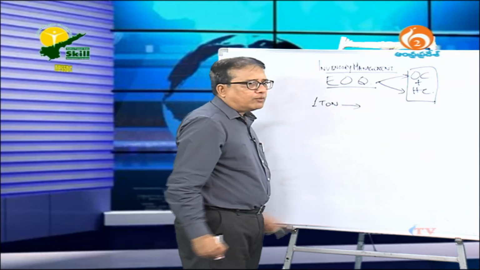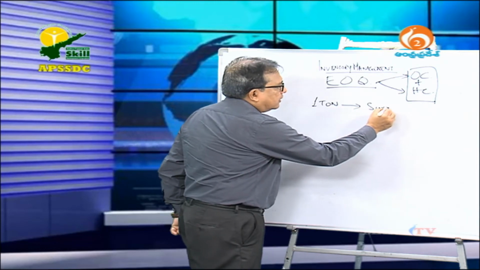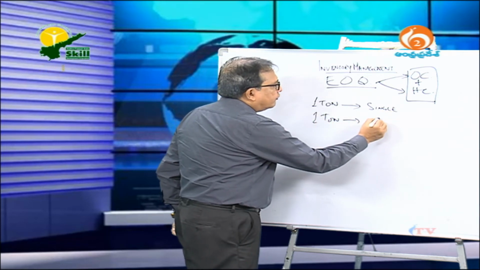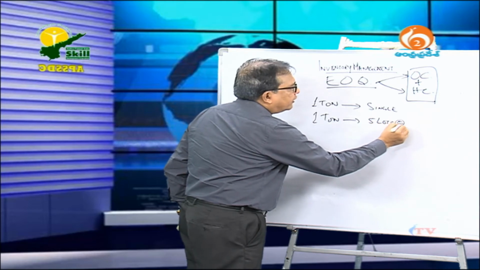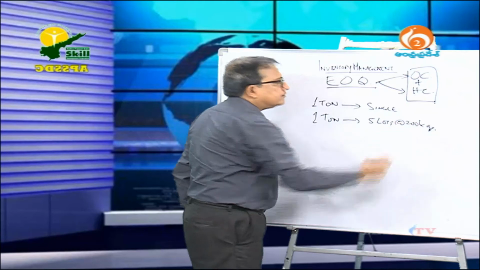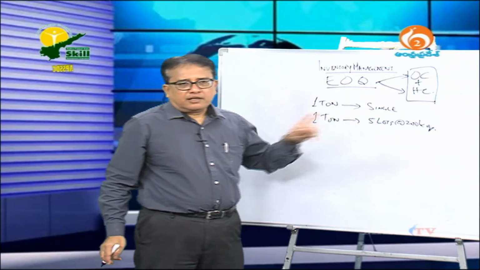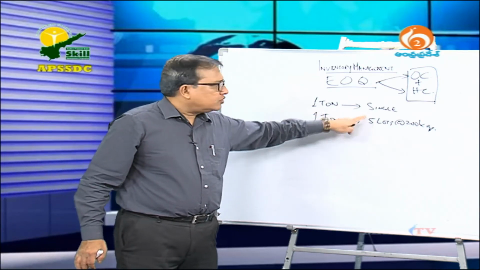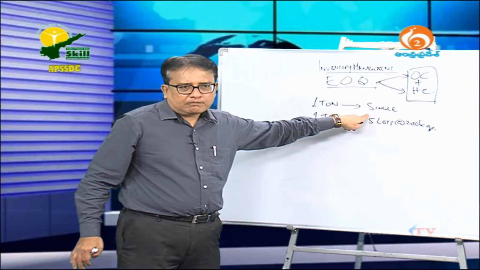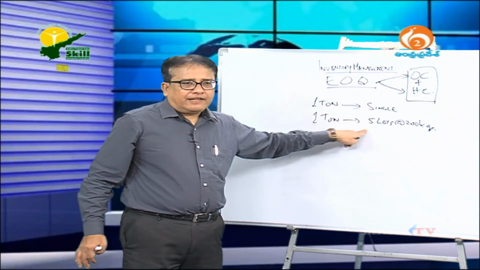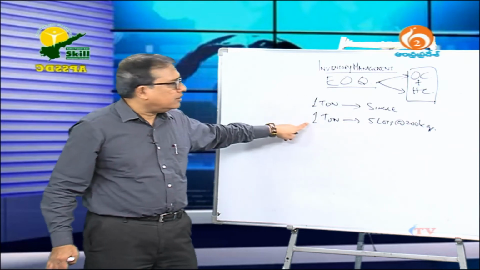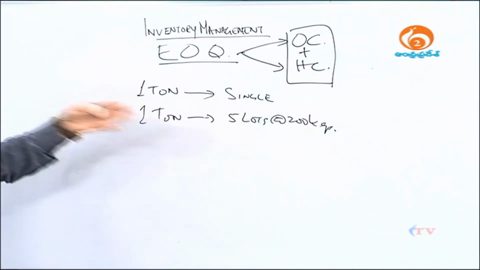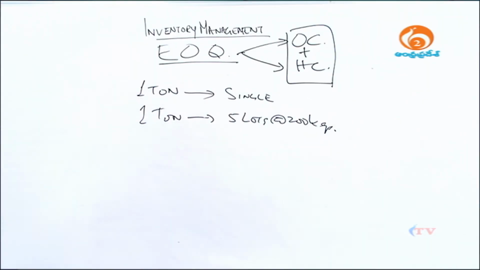He can order that 1 ton in a single lot, or he can break up this 1 ton into 5 lots of 200 kilos each. In the first case, he incurs a transportation cost just once, applying economies of scale, whereas here he has to go through several transportations and order a number of times. The lot will come in a number of times during the year or a particular period.